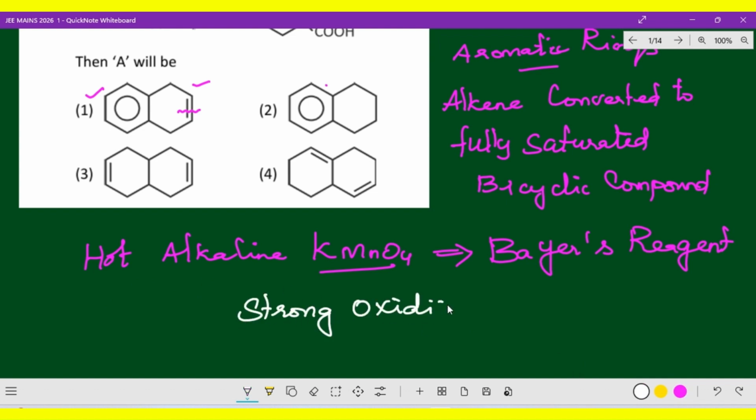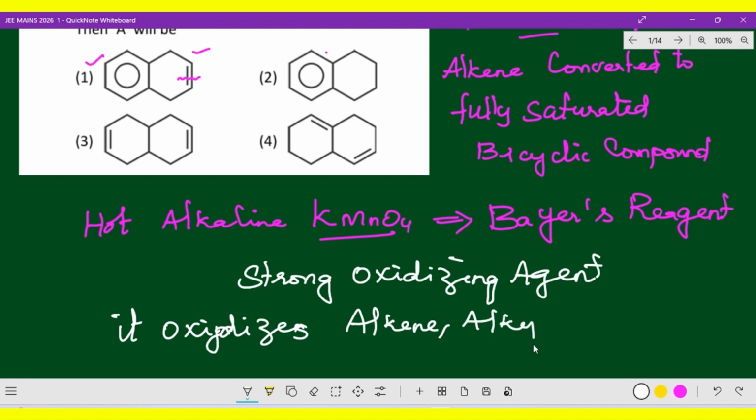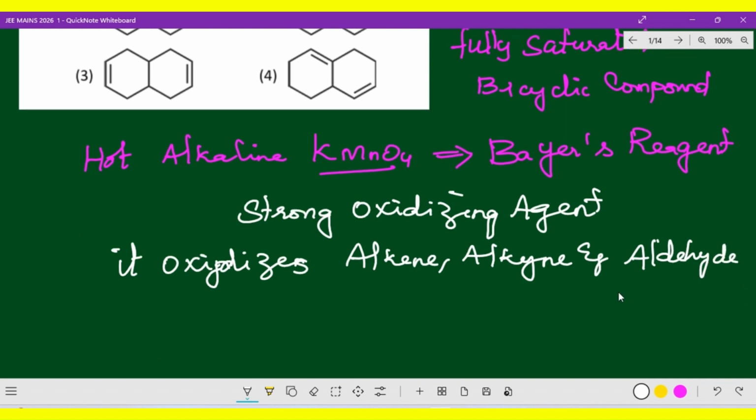It oxidizes alkenes, alkynes and aldehydes into carboxylic acid.